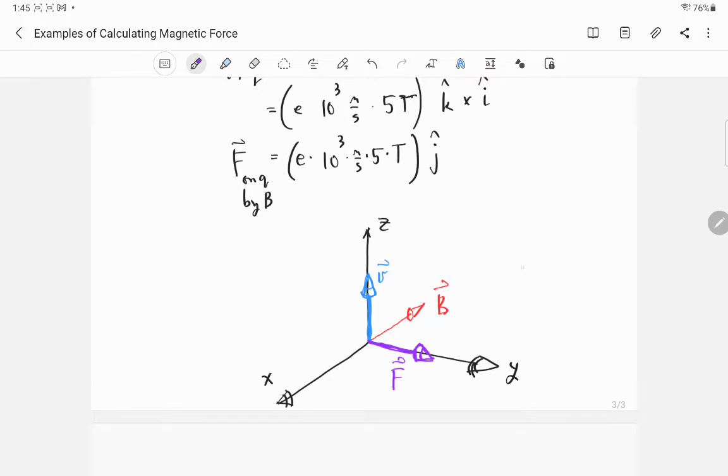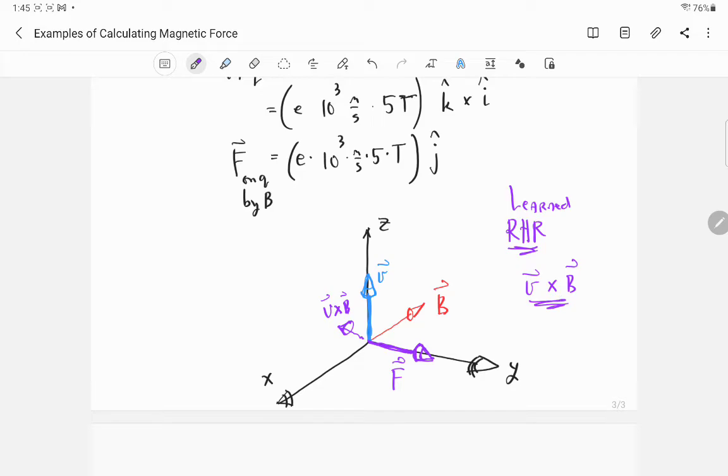When you use the right hand rule, right? Because that's something you learned, right? If you look at V cross B, V cross B actually points this way. So why is the force in the opposite direction to the answer to V cross B?